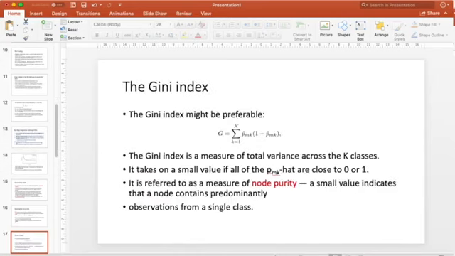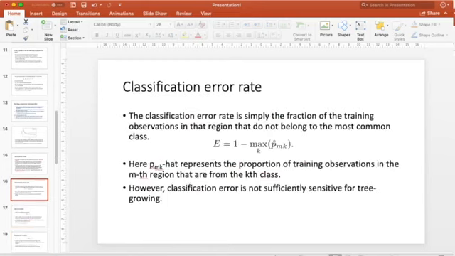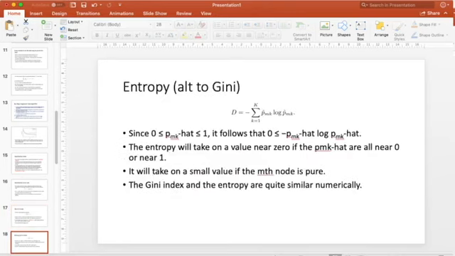That is why we use the Gini index and the other one, which is the entropy. This classification error rate might be insensitive for tree growing. So in practice, in building the classification tree, many researchers use either the Gini index or the entropy.